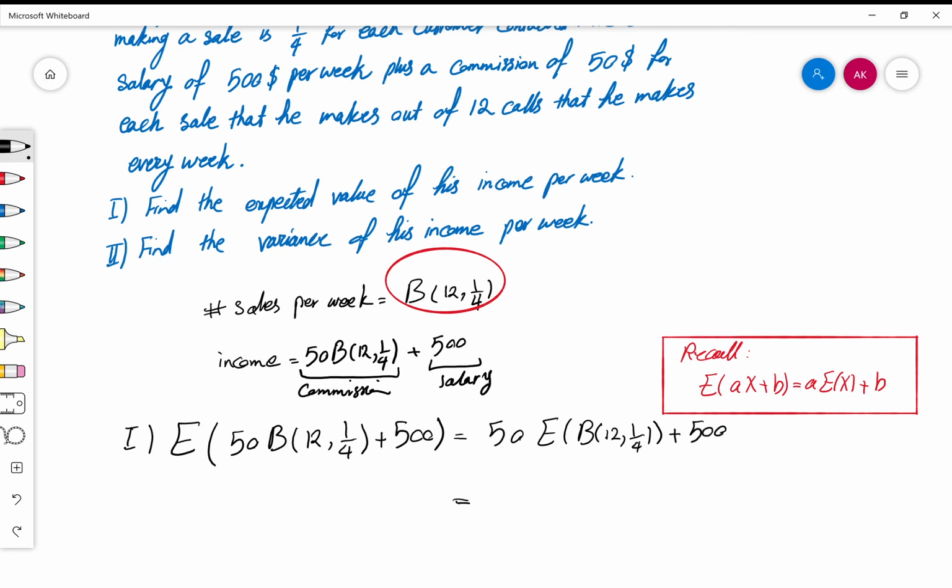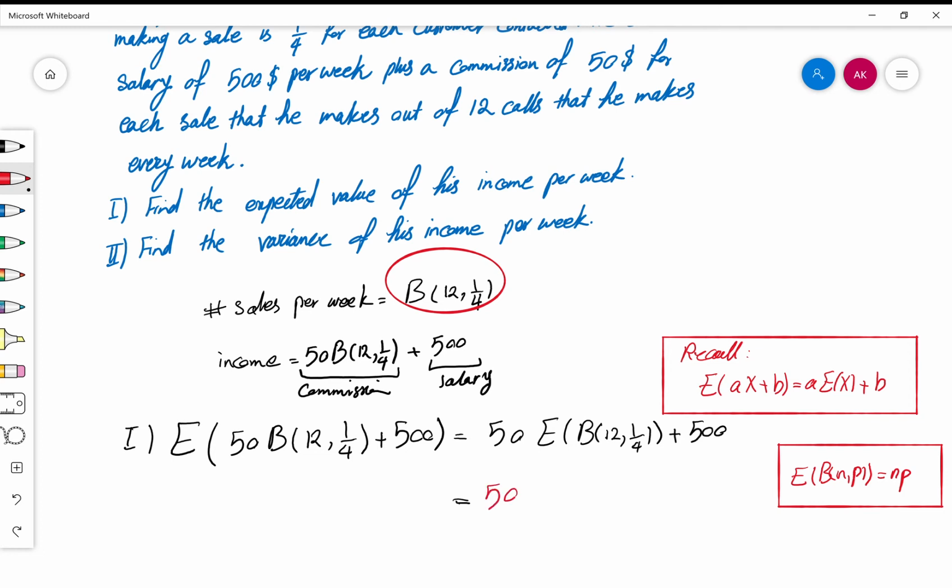Now it is written in terms of binomial 12 for 1 over 4, but if you remember, for binomial you don't need to do strange computation. For binomial, the E of B(n, p) is equal to n times p.